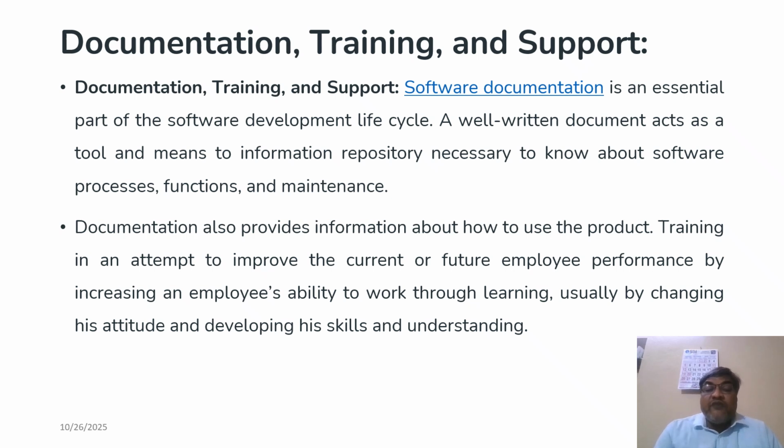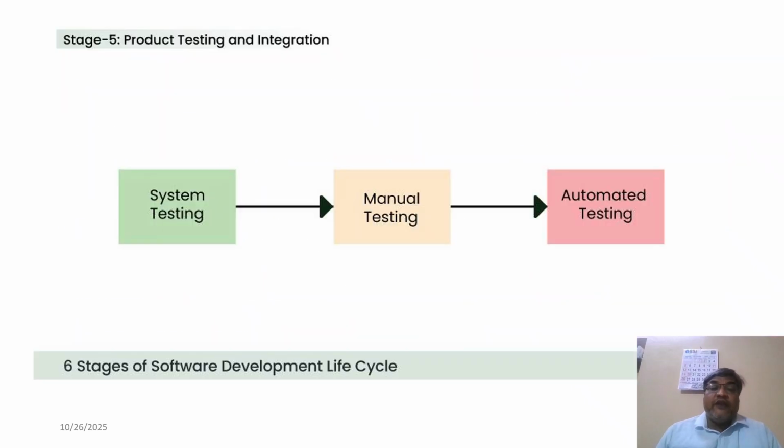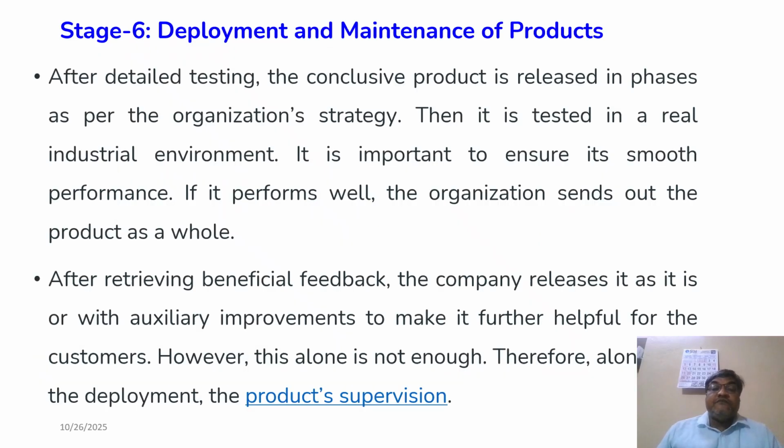After finding these bugs and errors, they are corrected and documented simultaneously, and appropriate training is given to the team members to become experts in this area, and support is also provided. There are two types of testing: manual testing and automated testing.